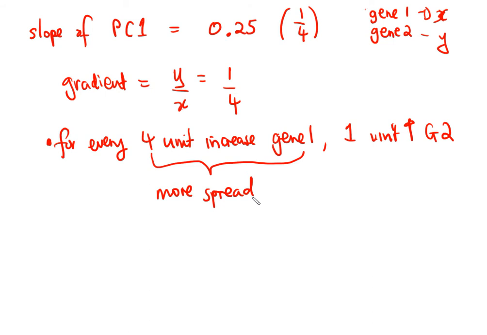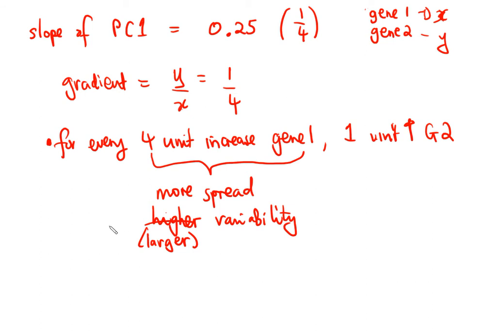It means gene 1 has larger variability. I think that's the correct English, larger variability than the gene 2 axis. So our data is more variable along the gene 1 expression.